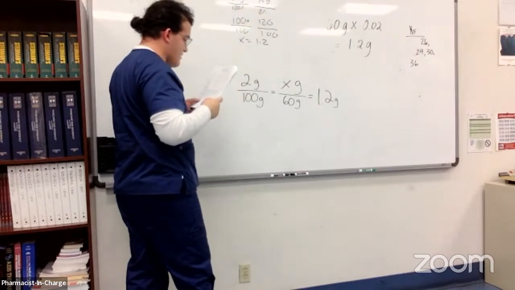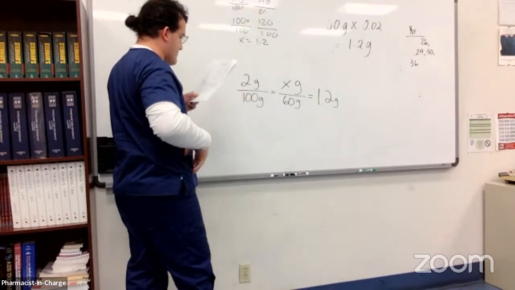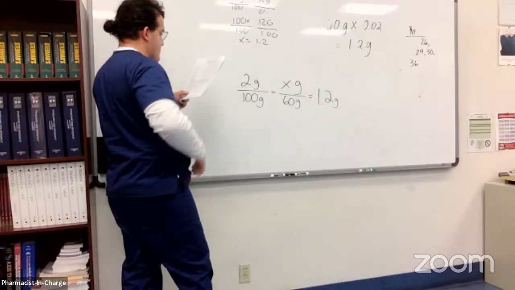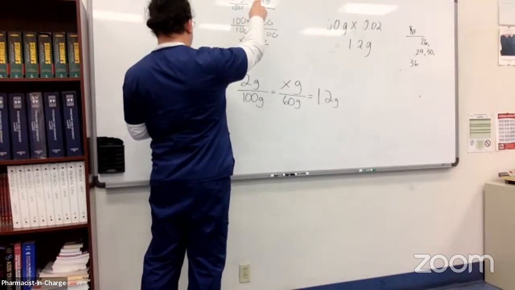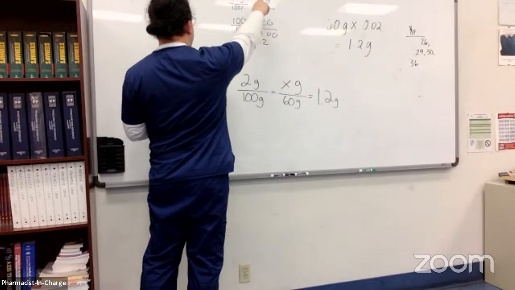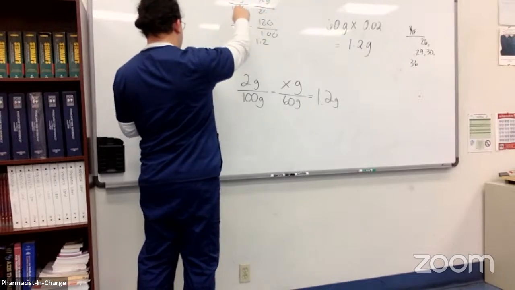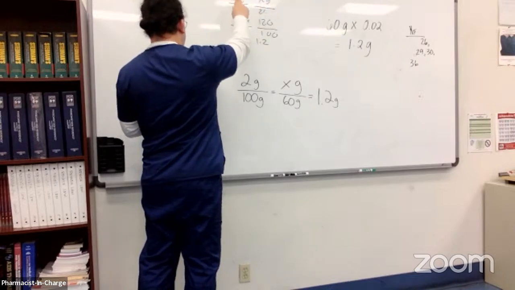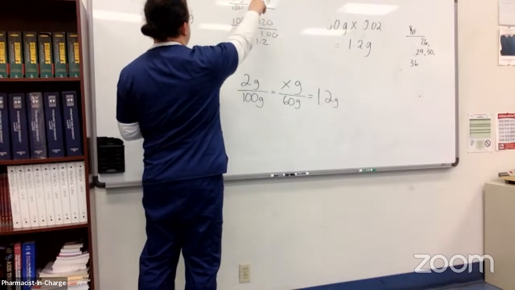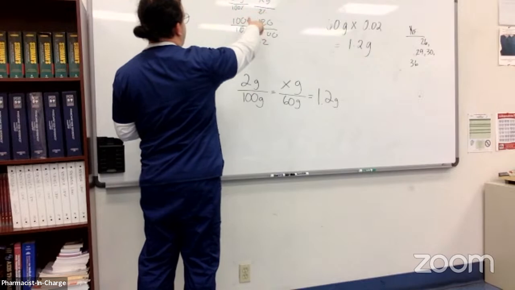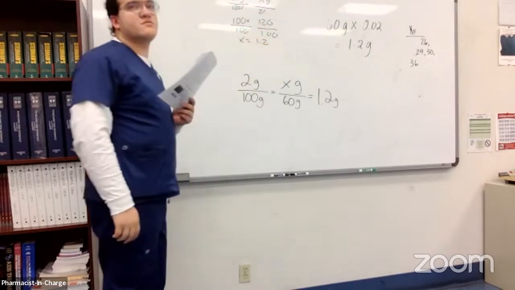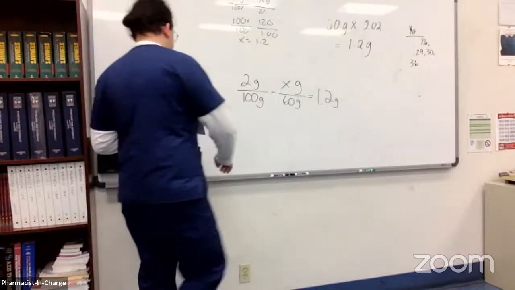I knew it was asking how many grams for the 2% ointment, so I put the X on top of the 2, and the 60 was the total amount of grams. I put that above the 100, and I just cross-multiplied everything, and I got these two numbers. I divided by 100, and I got the 1.2 grams.